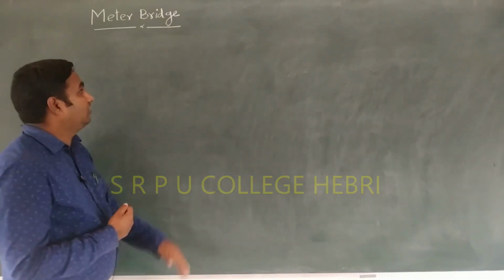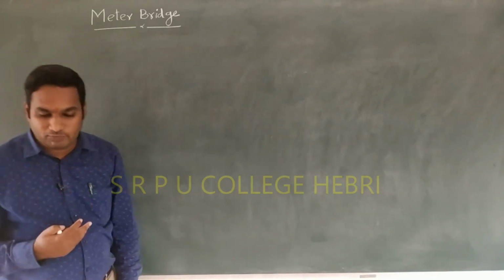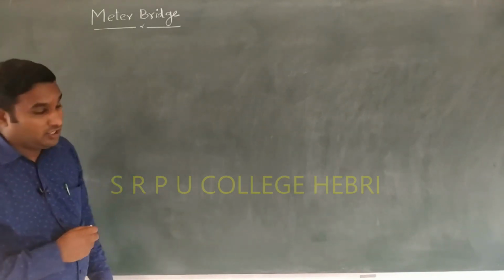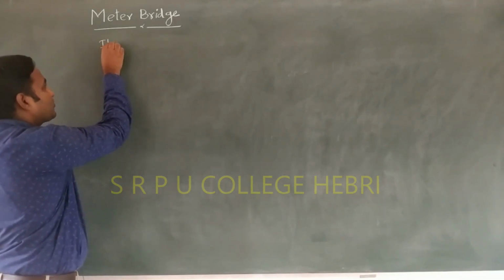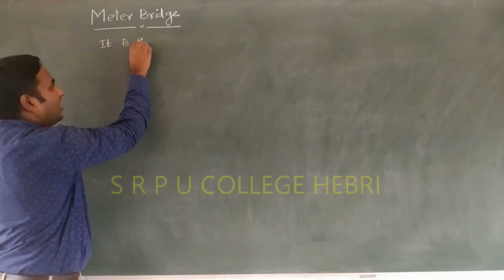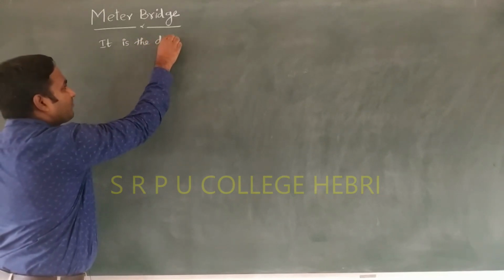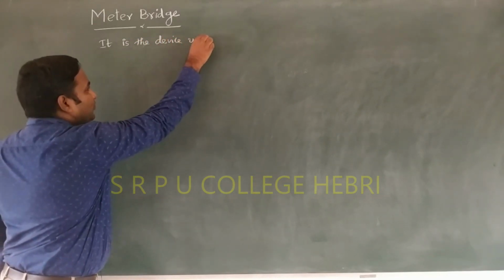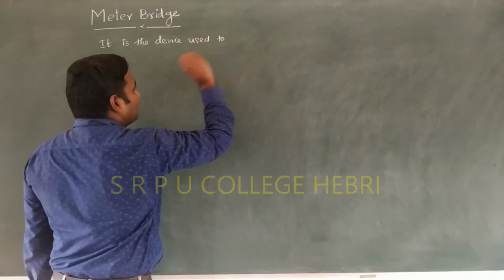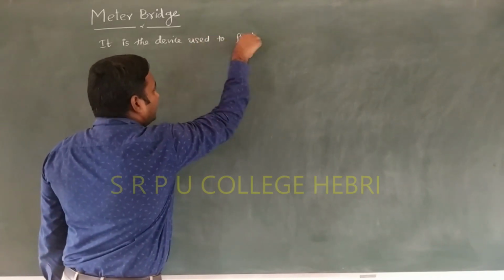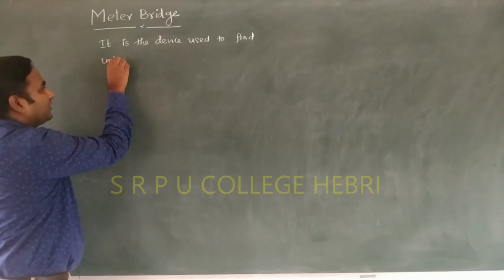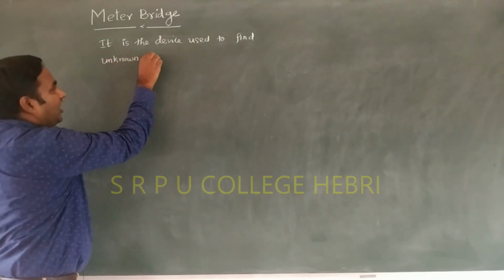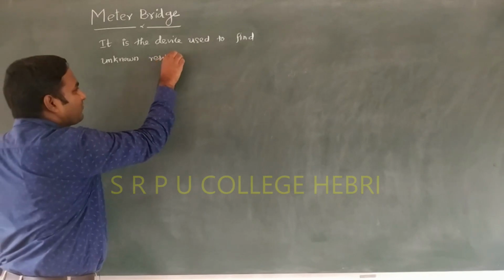The first important thing is the application of the meter bridge, or what is the meaning of meter bridge. Here the meter bridge is the device used to find unknown resistance.